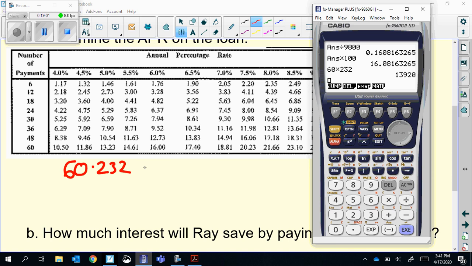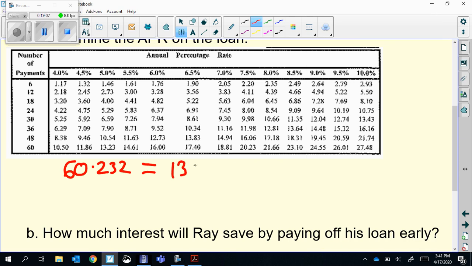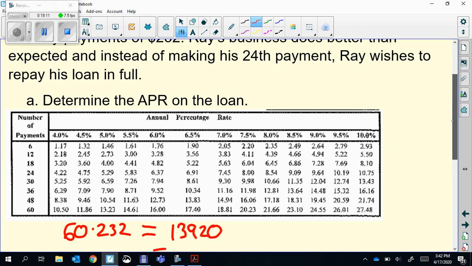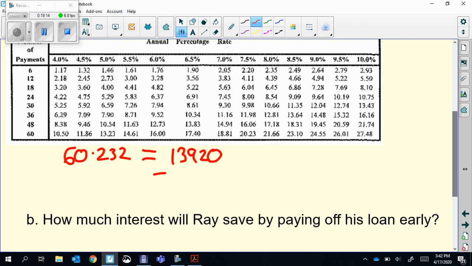That would be a total of $13,920, minus what the loan was supposed to be for, $12,000. So that's $1,920 when we subtract. That's our finance charge.